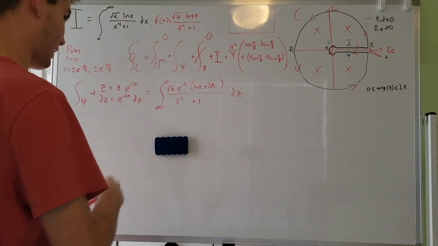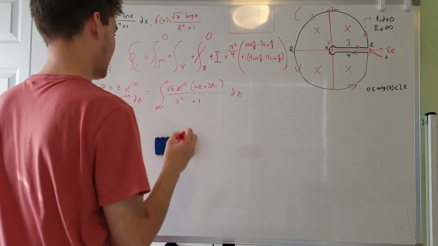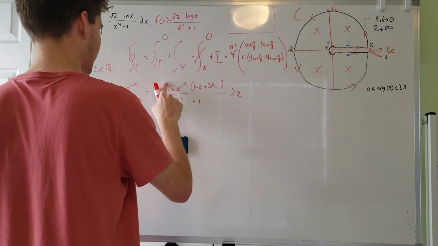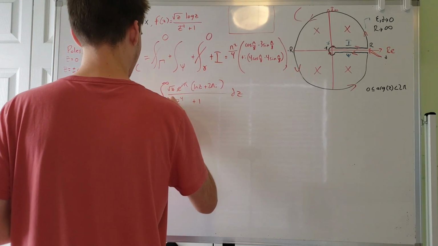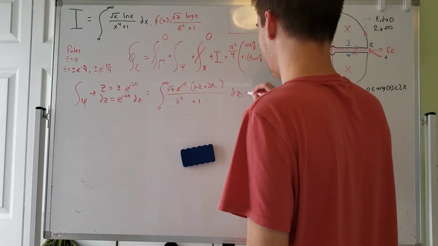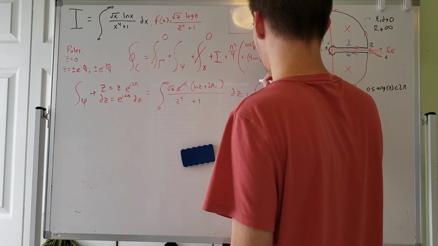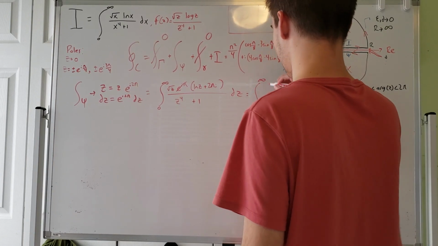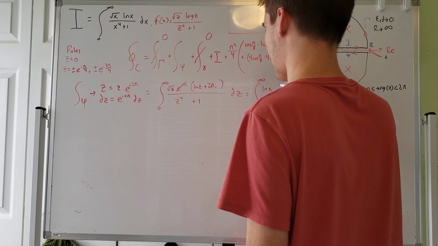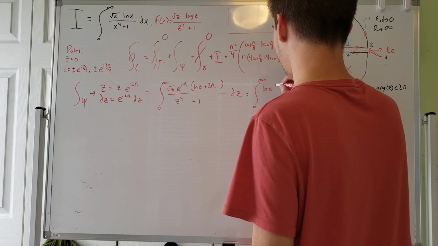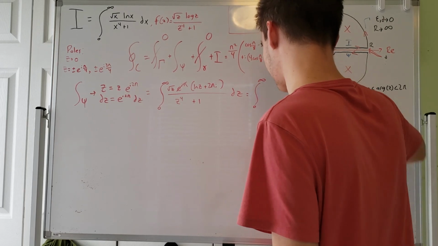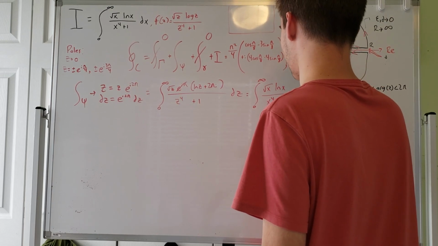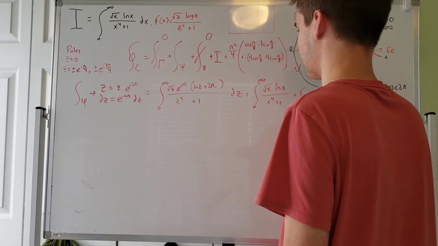Now what I want to notice is we have an e to the i pi here, which we all know to be -1, so we can put a negative here, and then immediately use that to switch the bounds of integration. And now we can split this, so we'll have the integral from 0 to infinity of root x ln x over x to the 4th plus 1, since we're on the positive real axis, plus the integral from 0 to infinity.